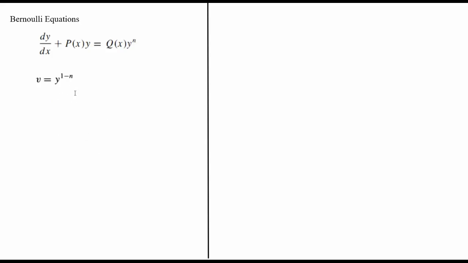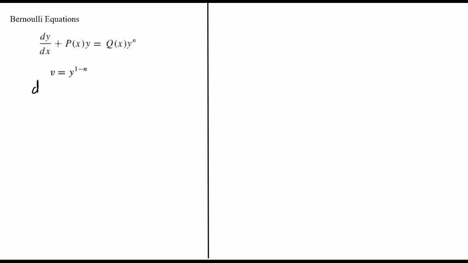It will transform the equation into a linear differential equation, and then one can solve it using the method of integrating factors, for instance. So let's have a look in detail how that works out, how the equation actually transforms to a linear equation.